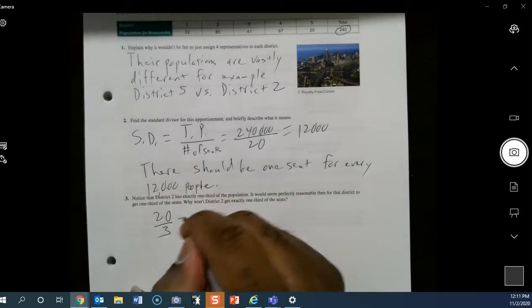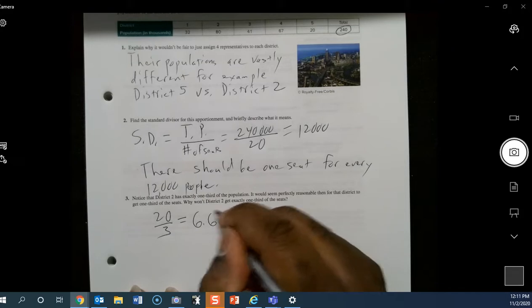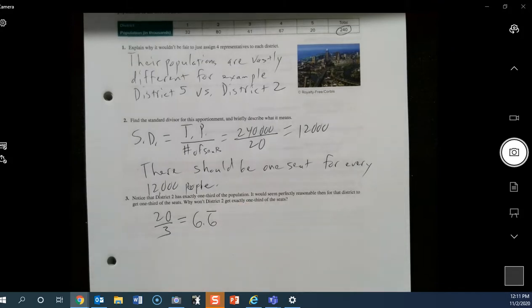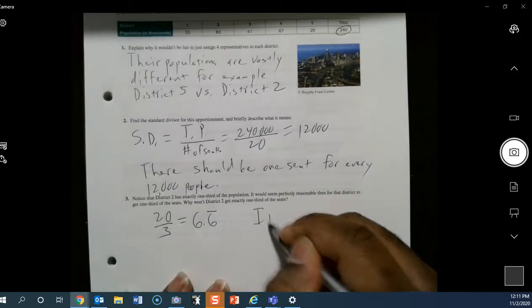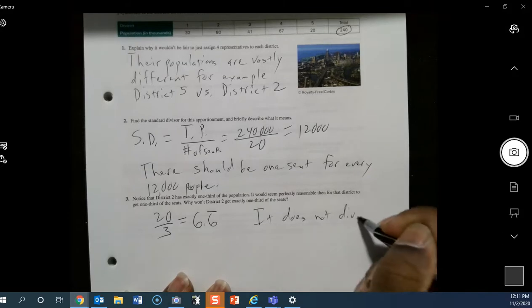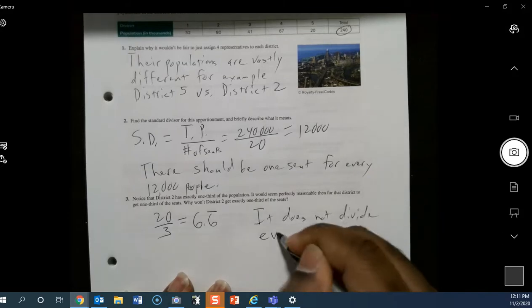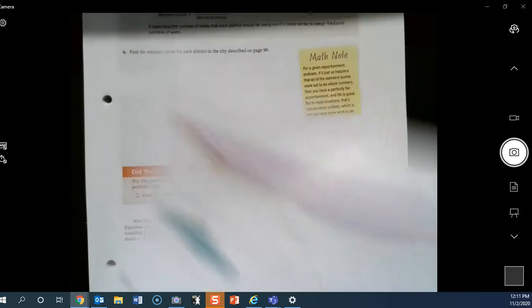When you divide 20 by 3, that will give you 6.6, repeating sixes. So it would not give you an integer, and so you could say it does not divide evenly. That's why you would not get exactly 1/3 of the seats.